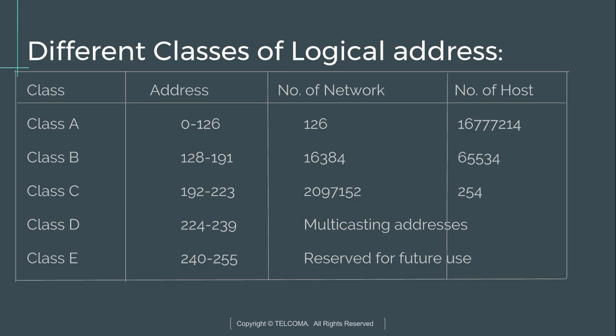So these are the IP address ranges of each class. Class D addresses are used for multicasting, and class E addresses are reserved for future use.